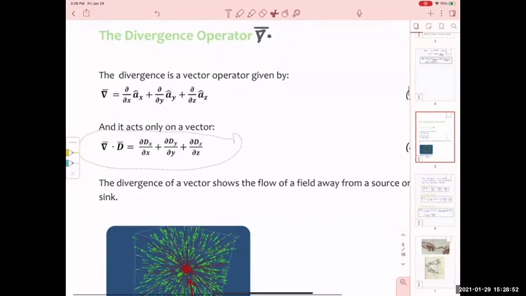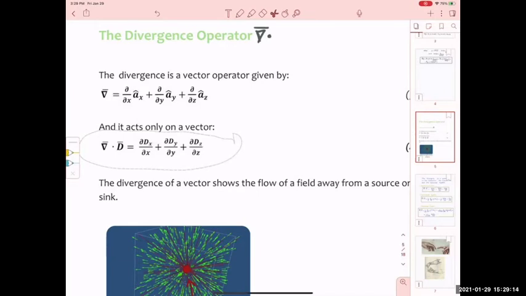What does that do? It really creates, when I take a del, which is a vector, and apply that in a dot product with another vector, what will the result be? A scalar. Remember when we take two vectors and have a dot product, they always create a scalar.